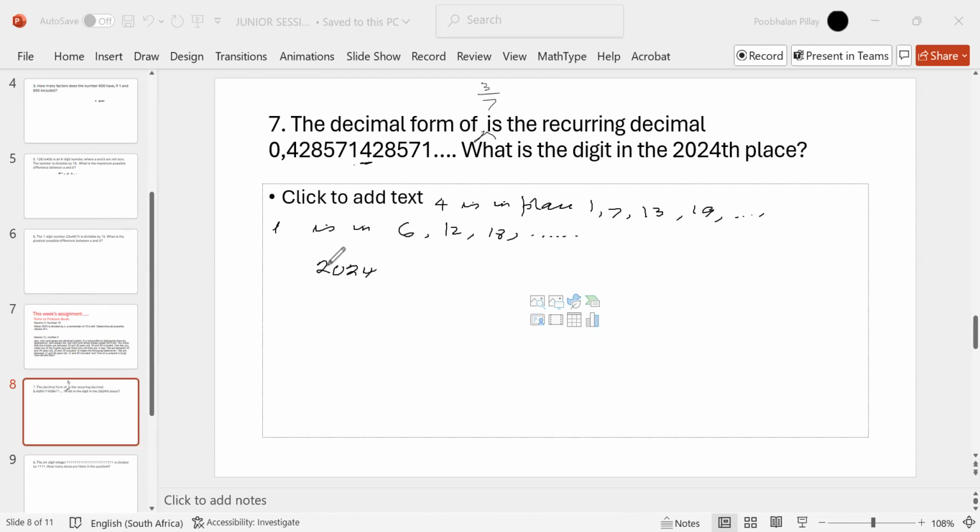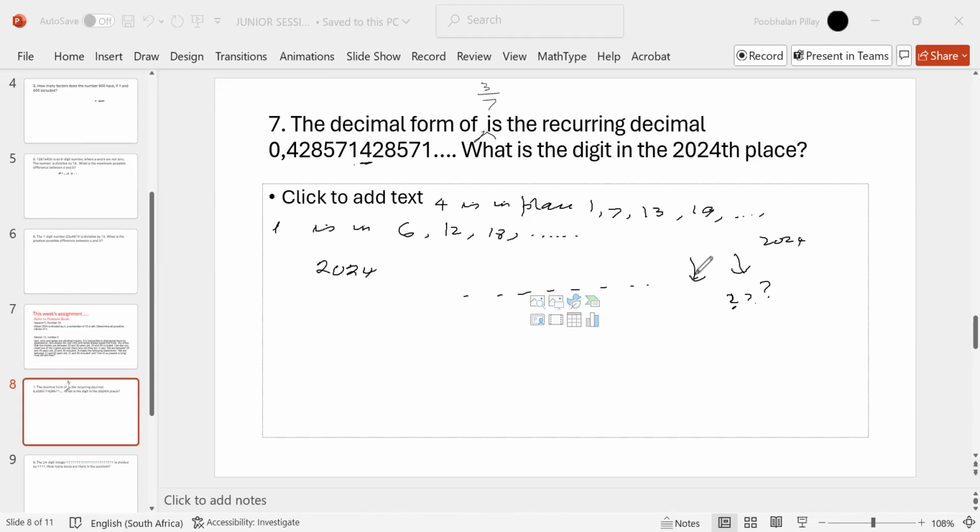So when you go to 2024, you want to see which is the closest multiple of 6. See, you got this, and the 2024th position. This is what we don't know. But we know this is the 2024th.